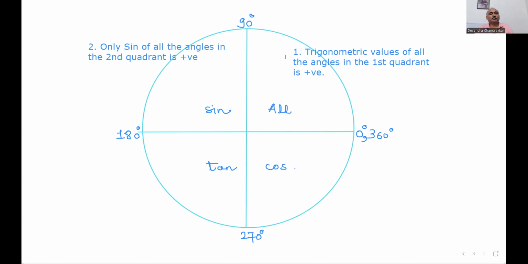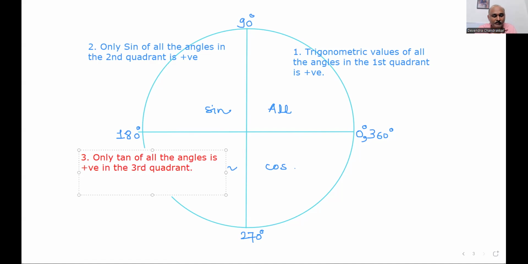शाबाश. So in the third quadrant, only tan of all the angles is positive. ठीक है? That means ब्रैकेट में लिख देता हूं, sine and cos of all the angles in it are negative.